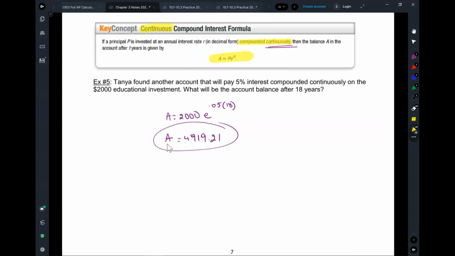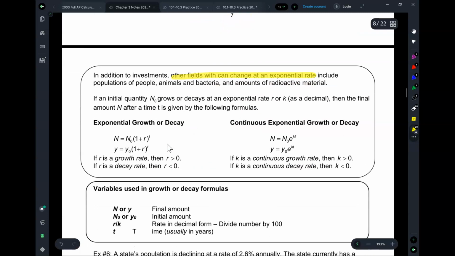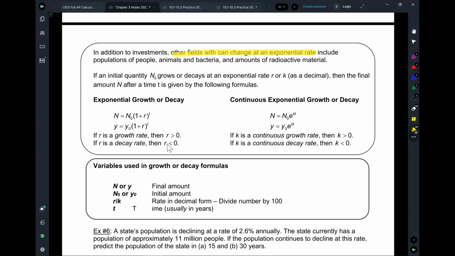The e, yeah, 2.718, e. Yeah, there's only one e. So what are some other things? Like populations of people, populations of bacteria, animals, radioactive material, half-life, these are all the same sort of deal, okay?